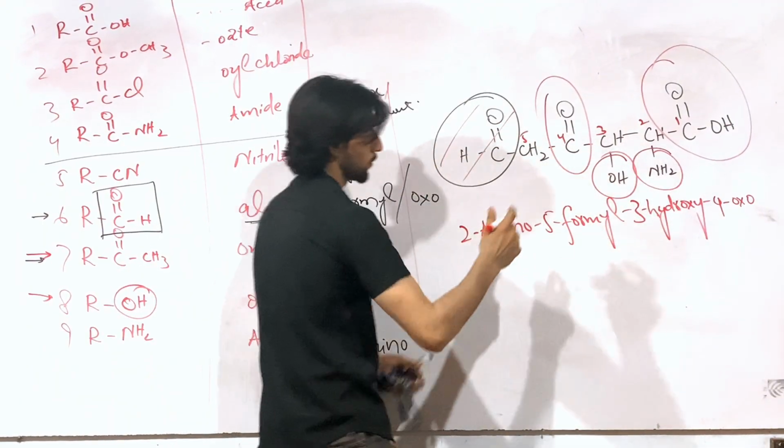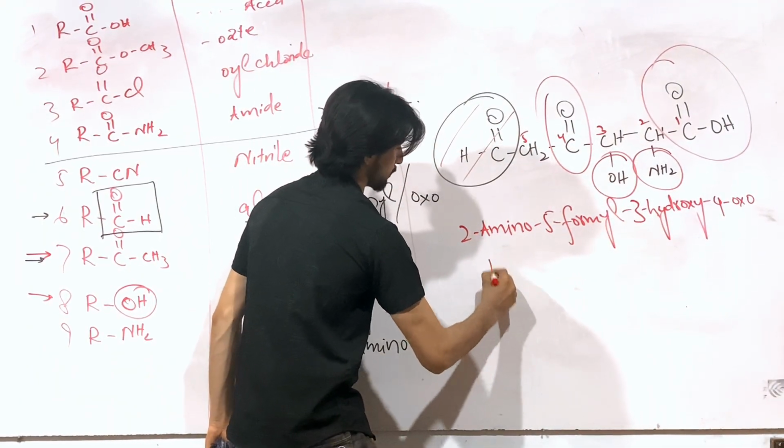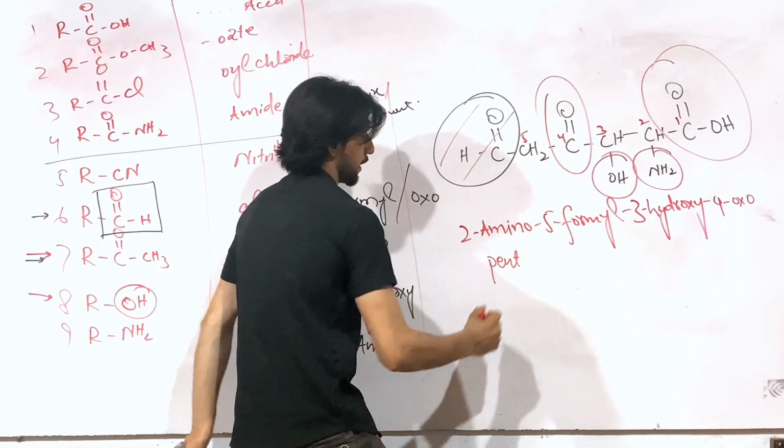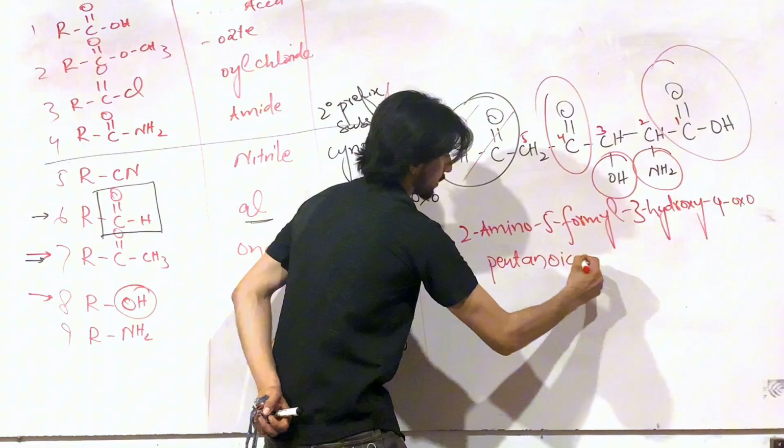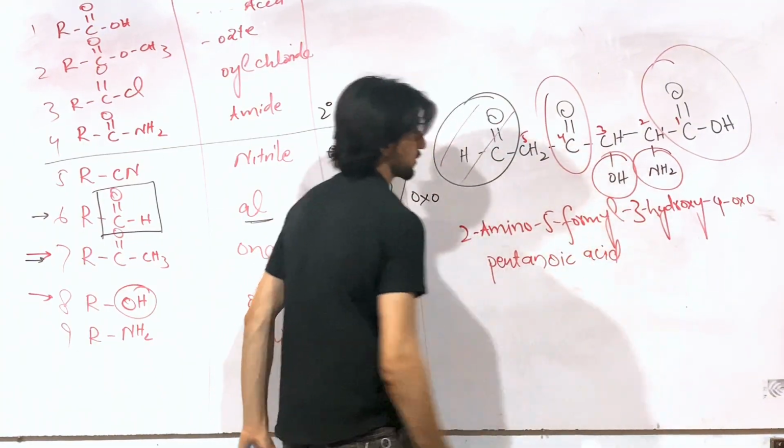So for the 5 carbon atoms, the word root becomes pent, and An, as there is no unsaturation, pentan, and oic acid is the secondary suffix.